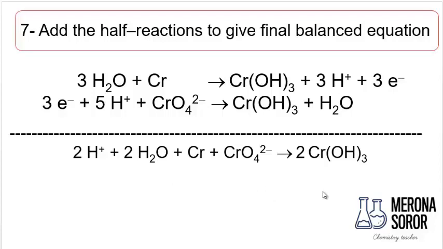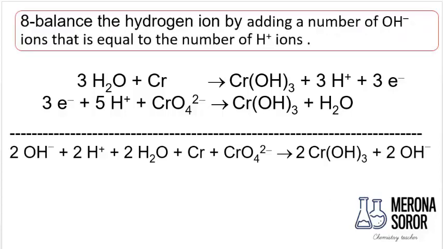But this equation is a balanced redox reaction in acidic medium. At the beginning, we said that we needed to balance this equation in basic medium. So we have to balance the hydrogen ions by adding a number of OH ions equal to the number of hydrogen ions in the net equation.